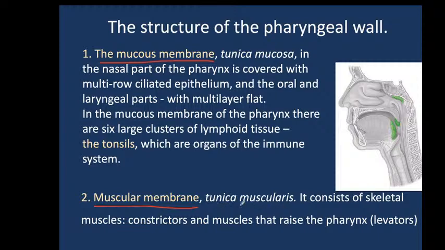They form tunica muscularis, and the external layer we call adventitia or tunica adventitia. And it is interesting that inside of the mucous membrane we could find some organs. This is a combined lymphoid and epithelial tissue, and we call it lymphoepithelial organs, and they belong to the immune system.